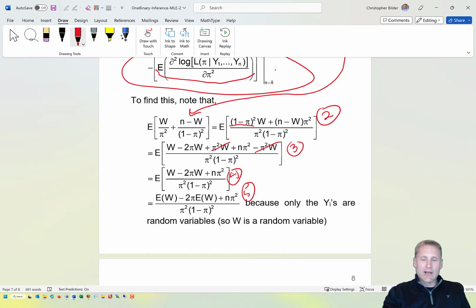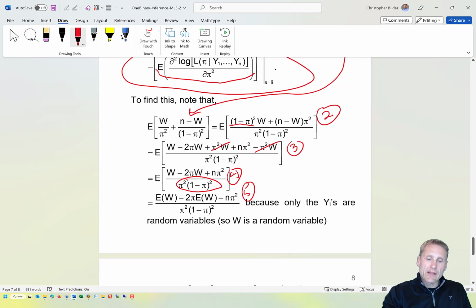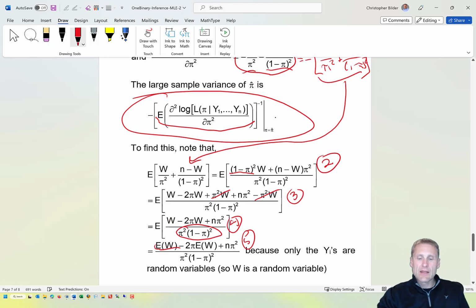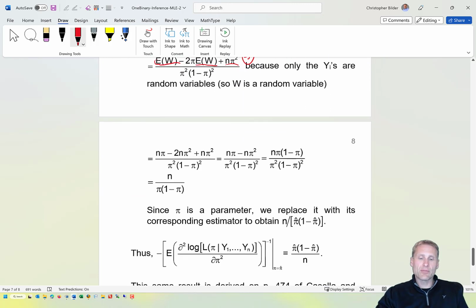Of course, the denominator, this pi squared times 1 minus pi raised to the 2 power, is a constant, so I can factor that out. This I can move the expected value then into the numerator. So I have expected value of w. Then I have minus 2 times pi times expected value of w plus n times pi squared. Okay, we know what the expected value of w is: n times pi. So let's go ahead and plug that in there.